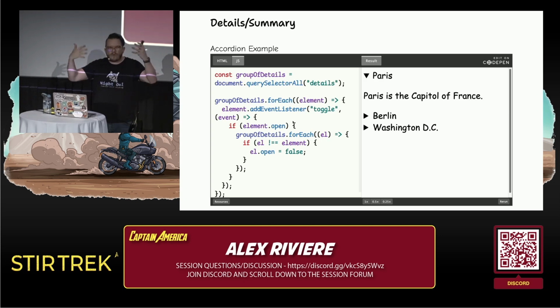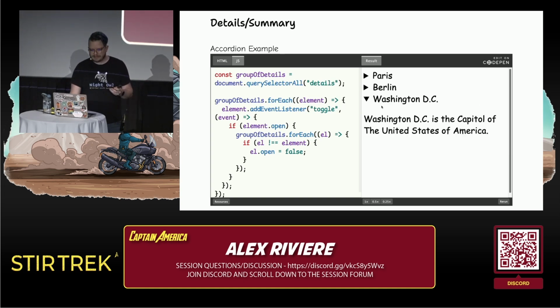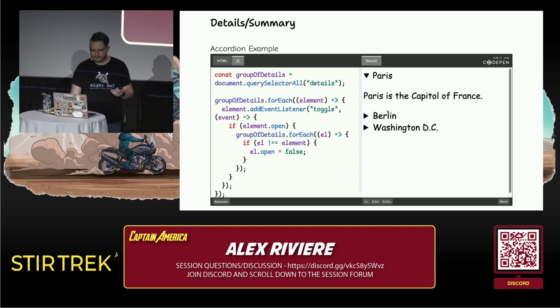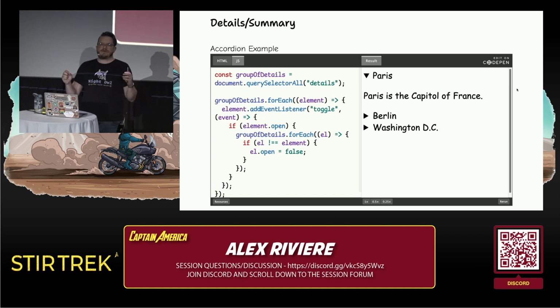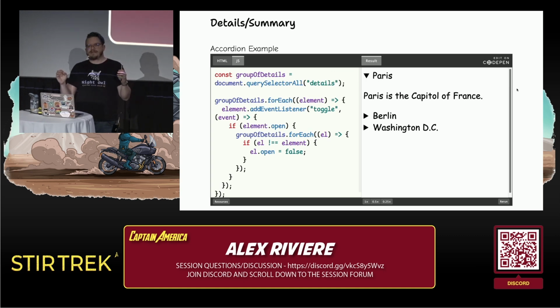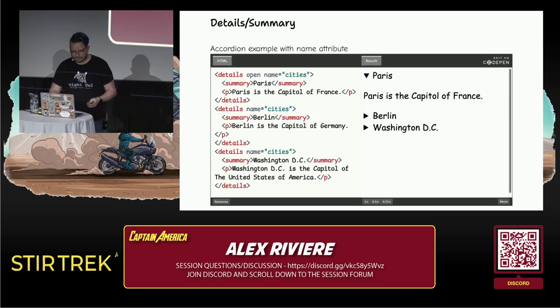It's this whole thing. And so with this JavaScript, it'll sort of collapse things around as you need to, and that's fine and dandy. Wouldn't it be great if we could just do this in HTML? Okay. So now we can.